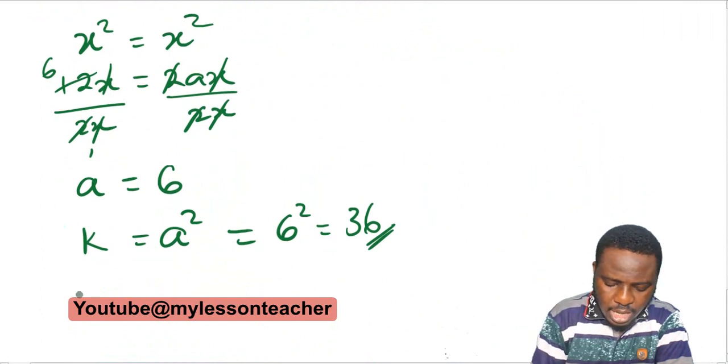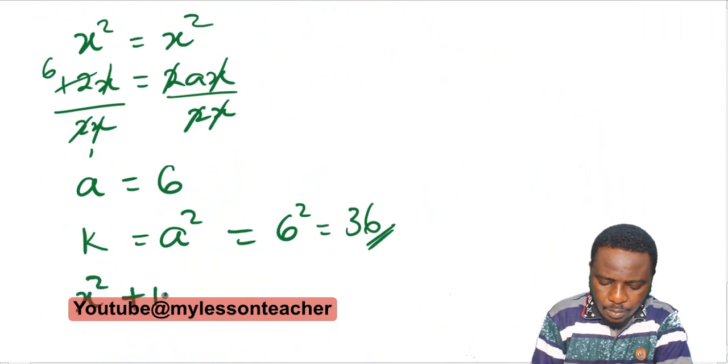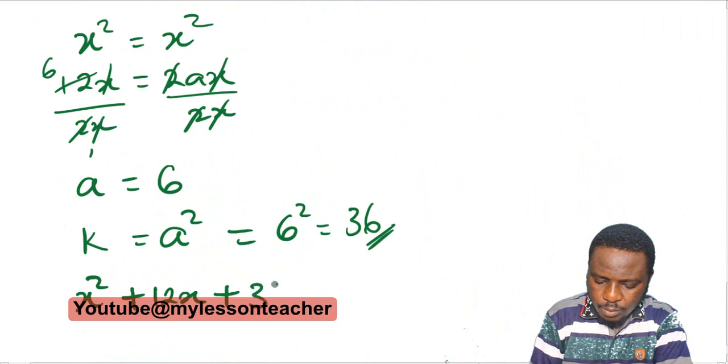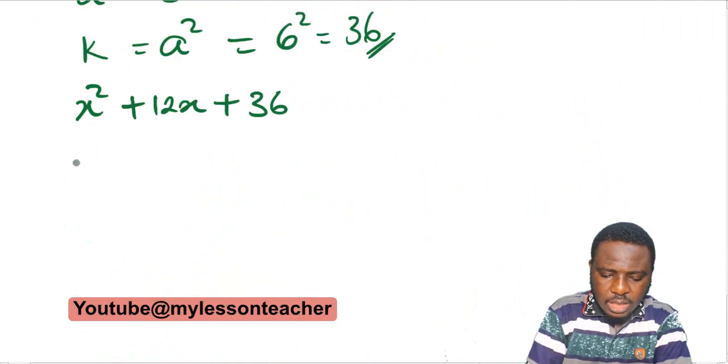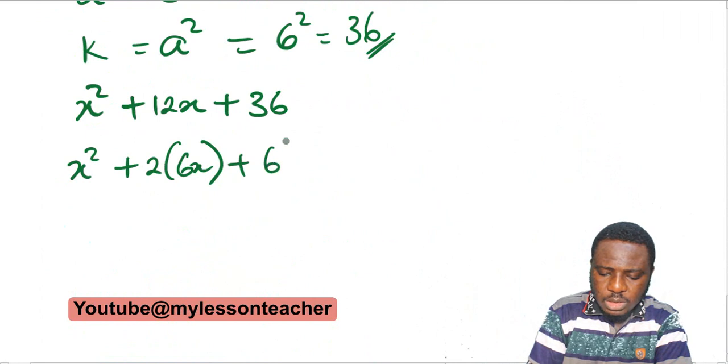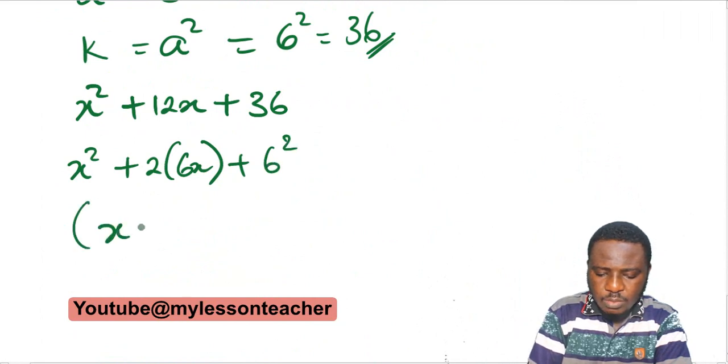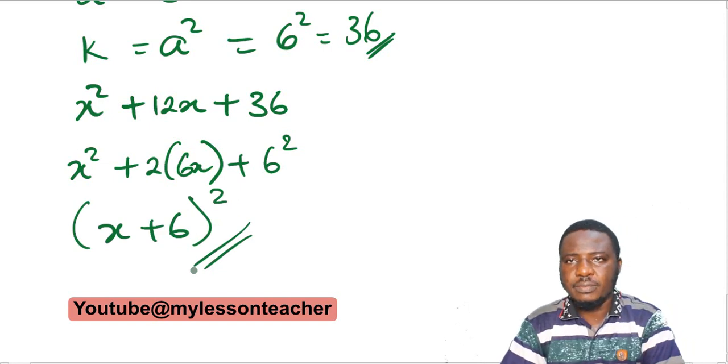So this becomes x squared plus 12x plus 36, which when you factorize, becomes x squared plus 2 into 6x plus 6 squared, and this becomes x plus 6 all squared.